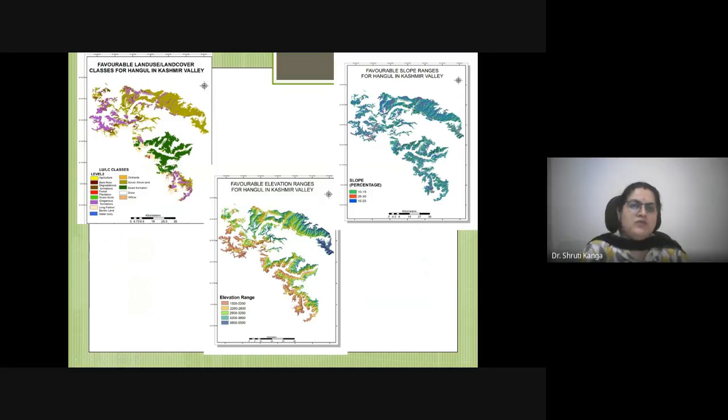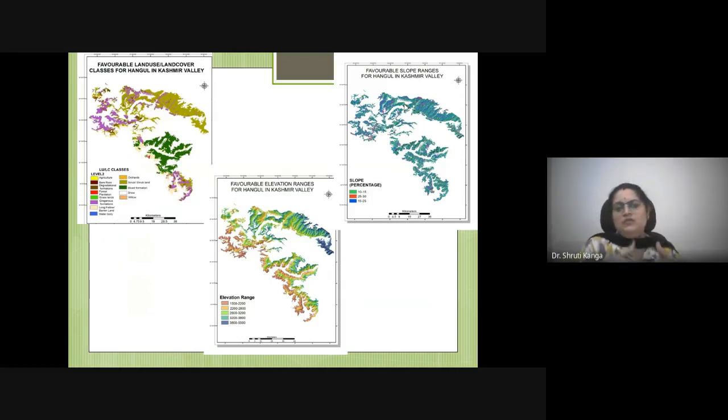These are the favorable land use, land covers for Hangul in Kashmir Valley. These are the favorable sites as per the elevations for Hangul in Kashmir Valley. These kind of studies we can also opt for in different areas, maybe J&K, Himachal, Northeast, etc., or some other areas.